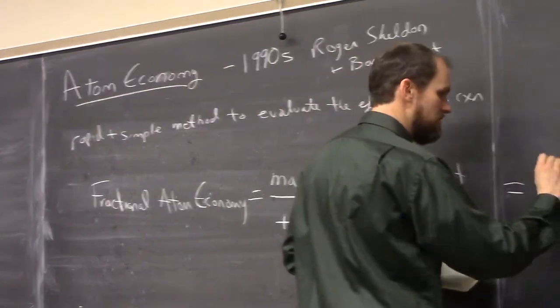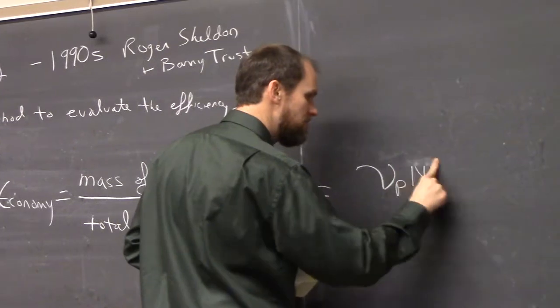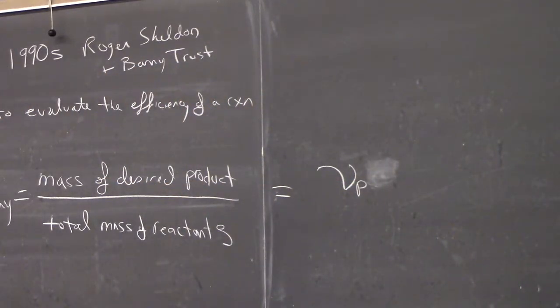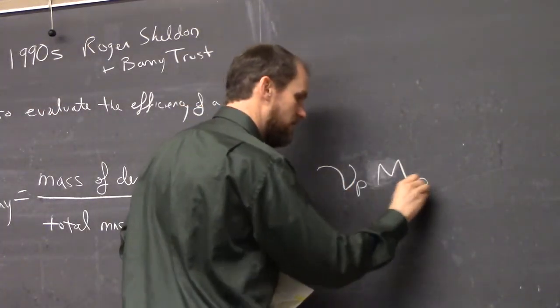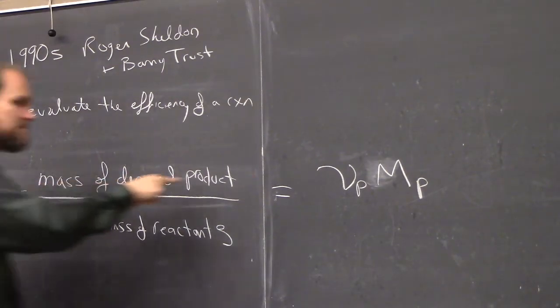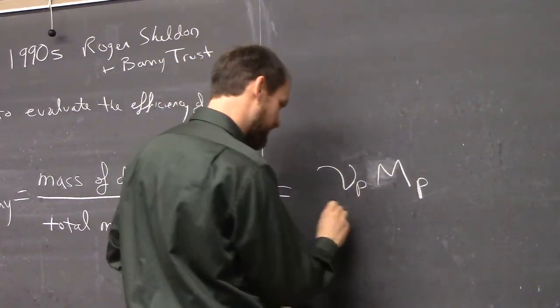That's equal to nu P. So nu P would be the stoichiometric coefficient of the product. This is the nu we talked about last week. Now, stoichiometric coefficients are in moles, because we do moles in our chemical reactions. If we want to get the mass, we need to multiply moles by the molecular weight.